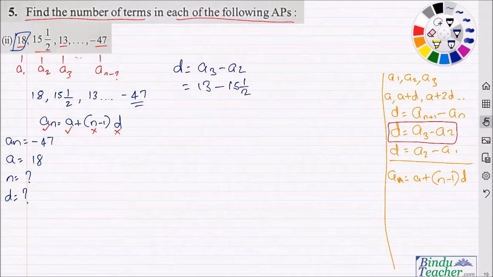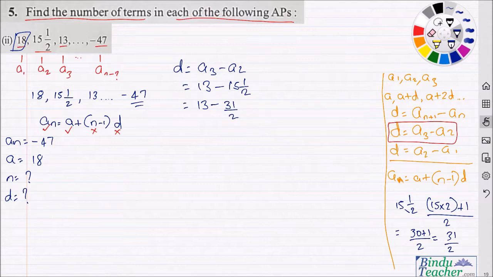Okay, so now let's solve this. 13 minus 15 1 by 2 can also be written as, so if I have to convert 15 1 by 2 into a proper fraction, I'll write 15 into 2 plus 1 divided by 2, which is equal to 30 plus 1 by 2, which is equal to 31 by 2.